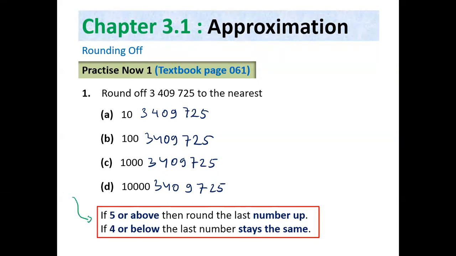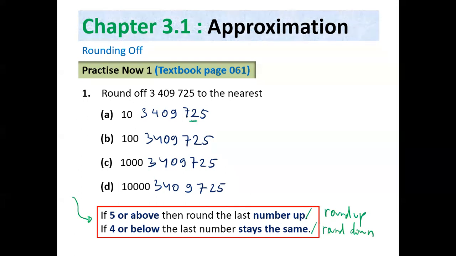Look at this row. If the number after the rounding digit is 5 or more, you round up. If 4 or below, the last number stays the same, or we call it round down. So this is round up. Okay, now to the nearest 10.